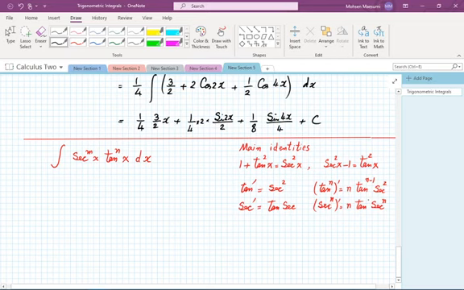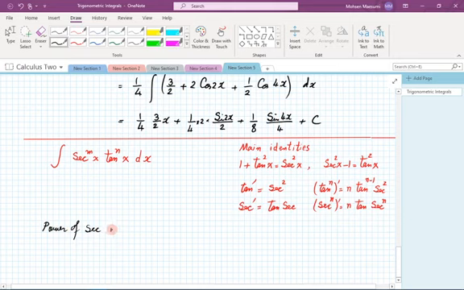Now the best thing to do is just to write some example cases. Just like in the case of sine and cosine, it depends a lot on what type of powers we have, and that's going to dictate what approach to take. The first case we are going to look at is when the power of secant is an even number.